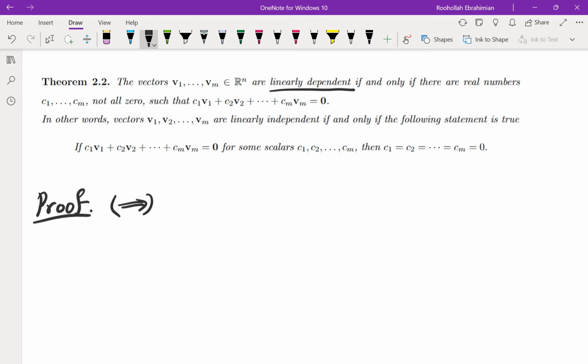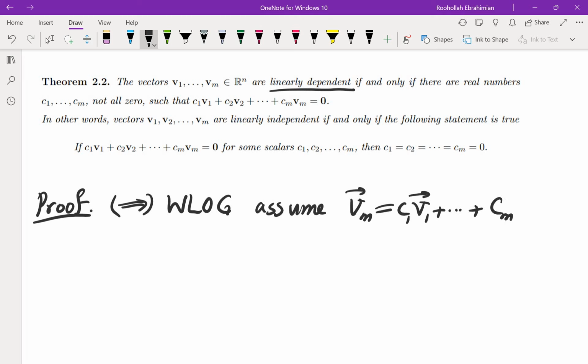So now, without loss of generality, I can assume that, let's say, Vm is a linear combination of the others, because just one of them is a linear combination of the others. So assume Vm is c1 v1 all the way to c(m-1) v(m-1) for some scalars c1 through c(m-1).